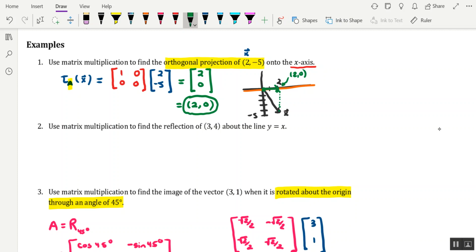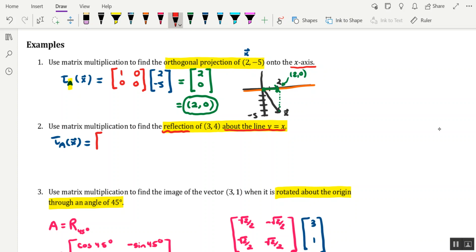Let's also knock out example 2, where it says use matrix multiplication to find the reflection of 3, 4 about the line y equals x. So again, we're finding T sub A of x, and this is going to involve the operator reflection about the line y equals x.